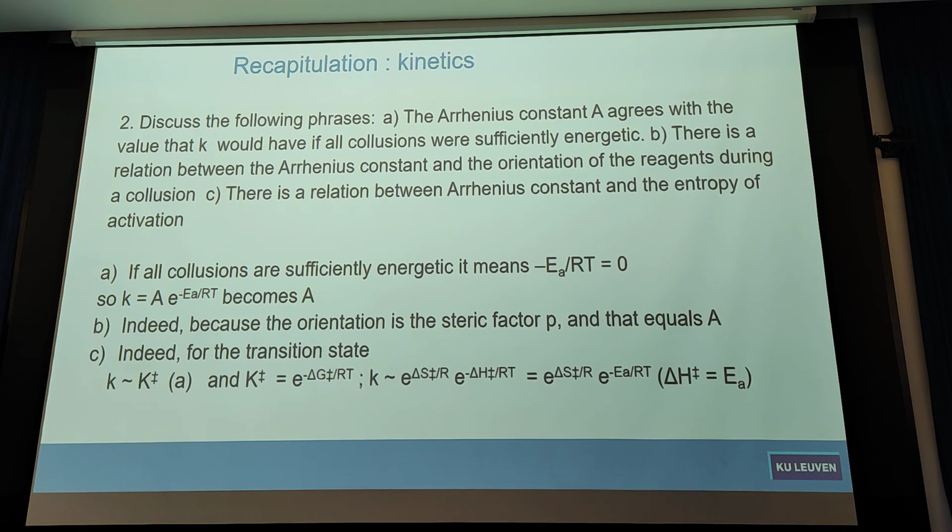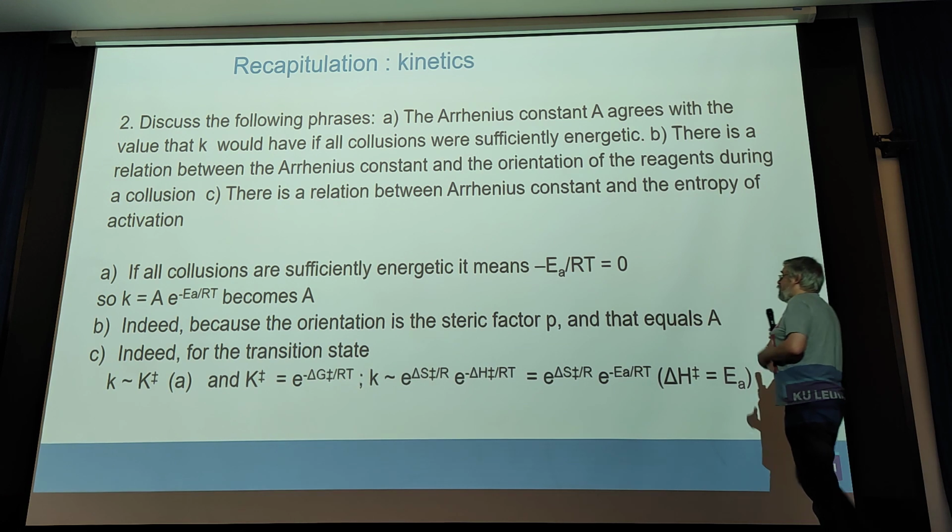This is another more theoretical question. We are asked to look at a couple of phrases and discuss what we think about it. So the first phrase is that Arrhenius constant A agrees with the value that k, the rate constant, would have if all collisions were sufficiently energetic.